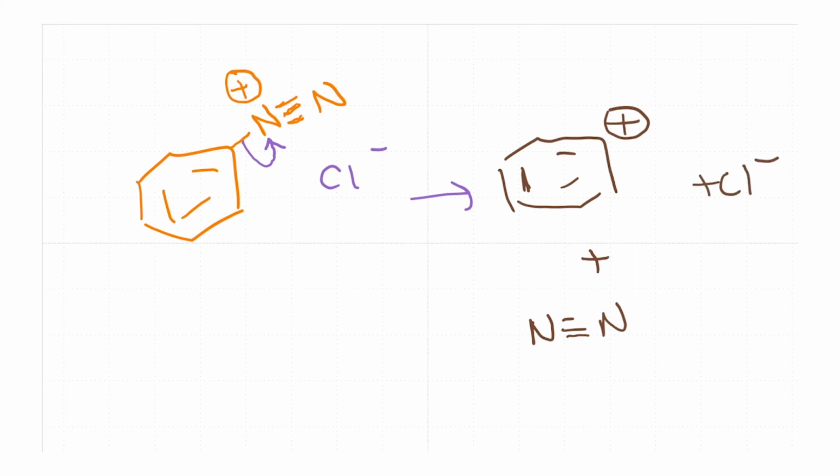Okay, and of course chloride remains here, right? So therefore the SN1 type of reaction, wherein a carbocation can be formed, is in principle possible only when you have an excellent leaving group, such as nitrogen. Otherwise, we would not normally encounter the formation of a phenyl carbocation.